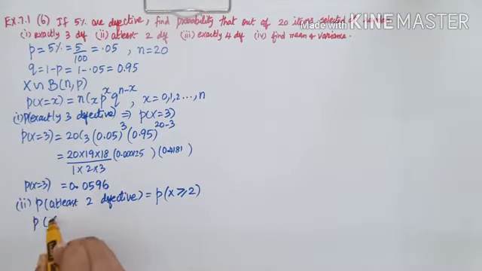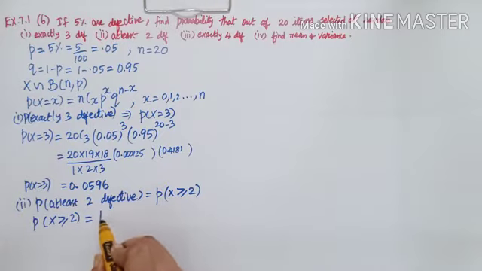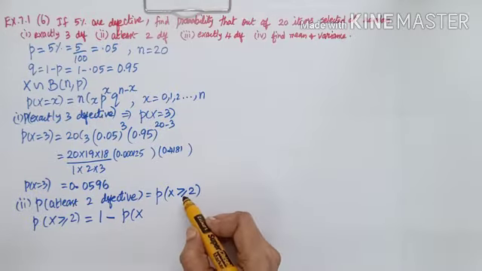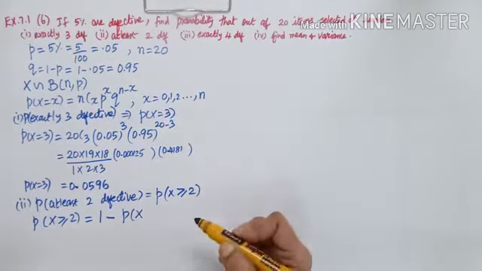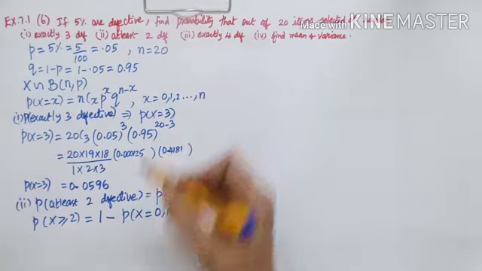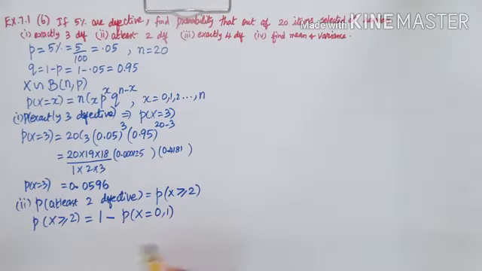In probability, getting 2 to 20 is difficult. 2, 3, 4 like that I have to substitute and get. Instead, this P of X greater than or equal to 2 can be written as 1 minus what I don't want. I want from 2 to 20. Then what I don't want? 0 and 1 I don't want. What I don't want, subtract from 1. Why do I subtract from 1?